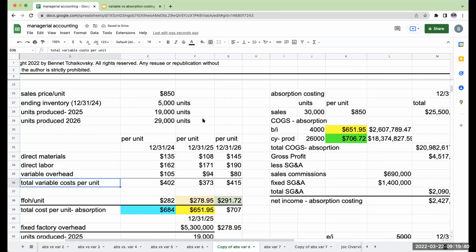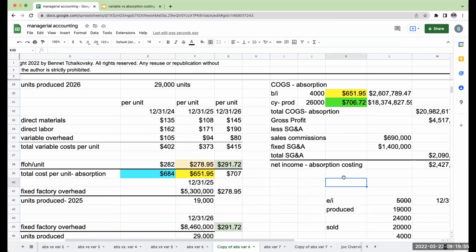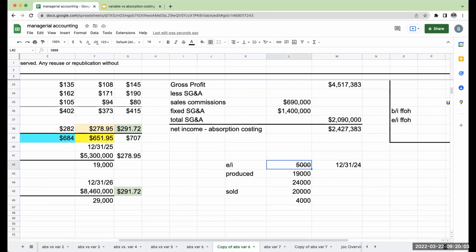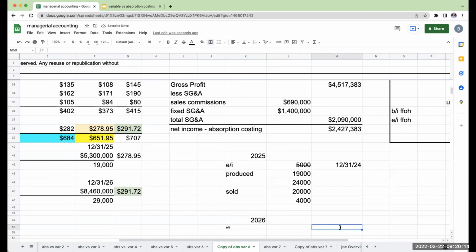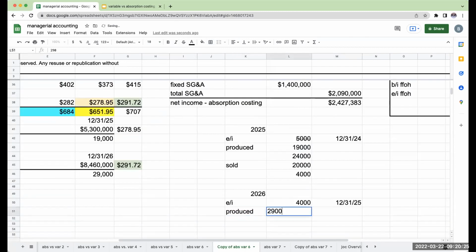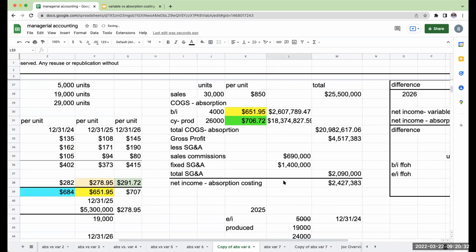However, I also have ending inventory fixed factory overhead. How many units did I have in my ending inventory? Well, I had 4,000 units at 12/31/25, and I produced 29,000, so my goods available is 33,000.